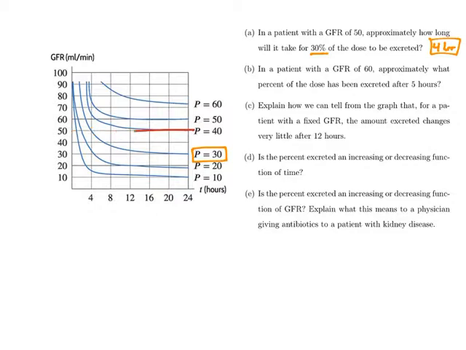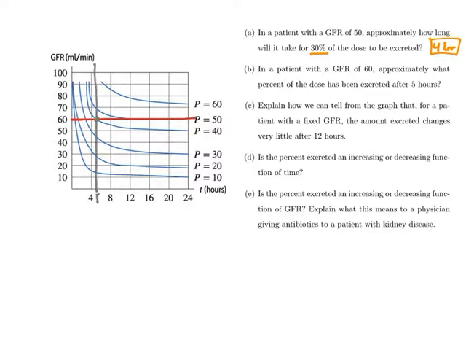Let's do this again. In a patient with a GFR of 60, so this time we're looking at a different cross section here, approximately what percent of the dose has been excreted after 5 hours? So now we're also just looking at 5 hours.